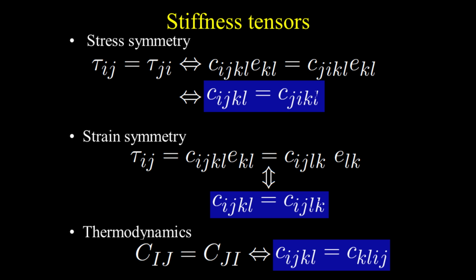Based on thermodynamic arguments, we also have the following symmetries between stiffnesses, as you can see here. Again, these symmetries allow us to have a maximum of 21 independent stiffnesses.